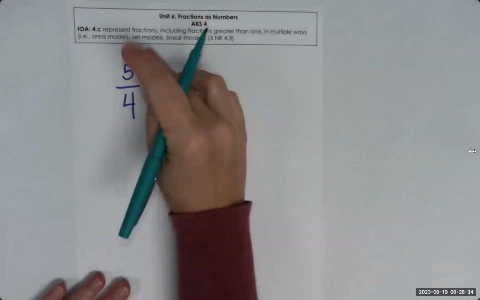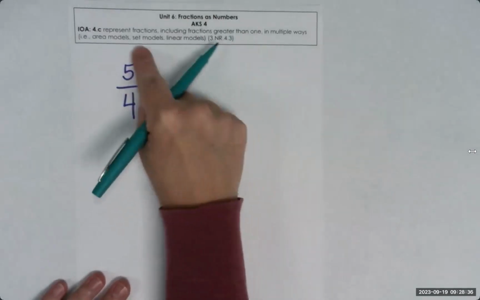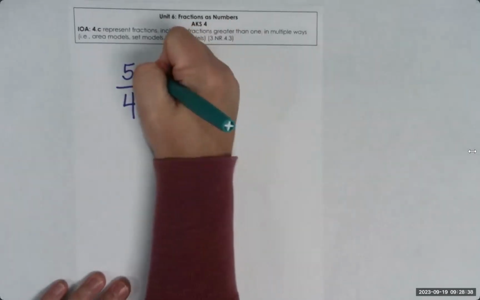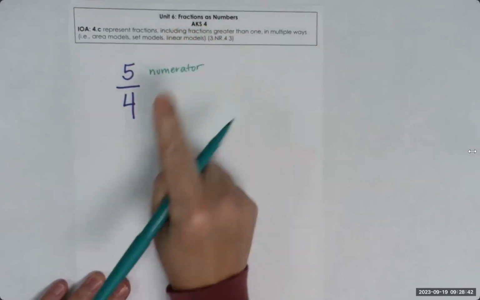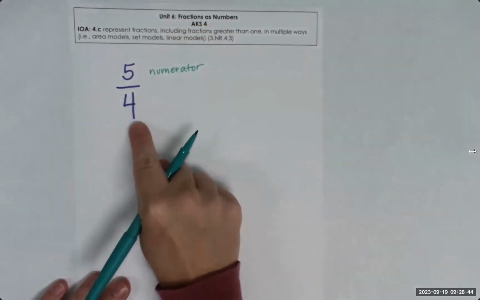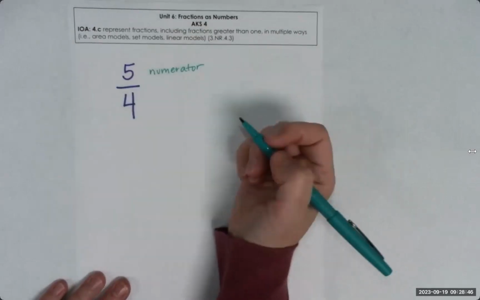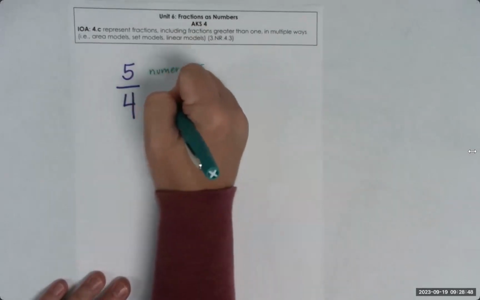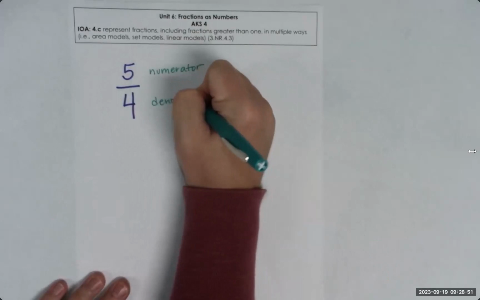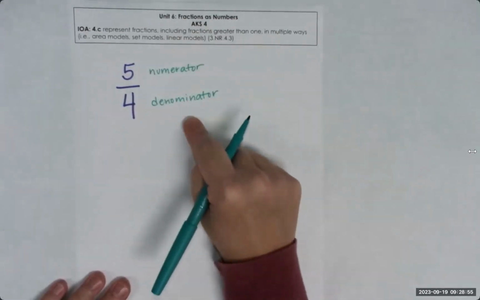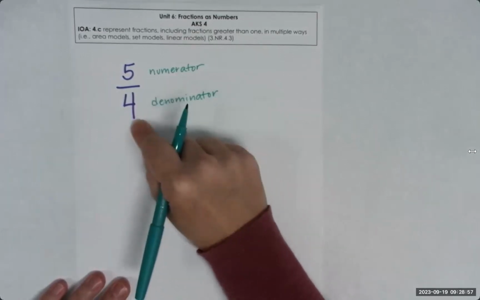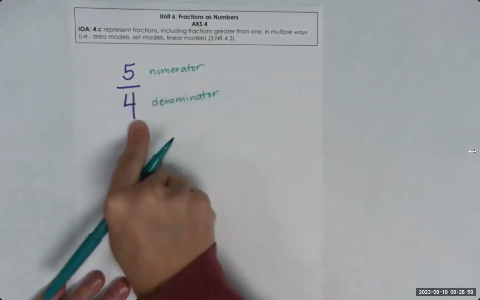Now, again, we know that the number above the fraction line is our numerator, and the number below the fraction line is our denominator. Long word to spell.